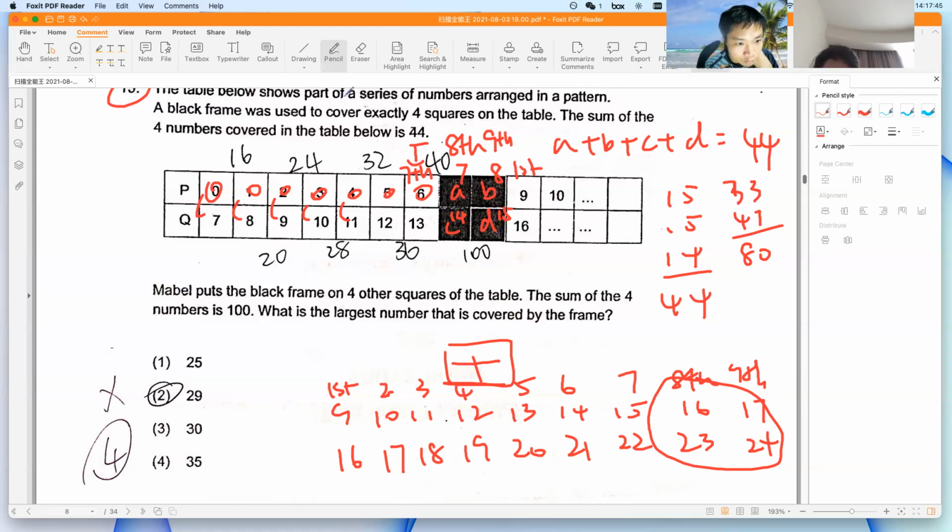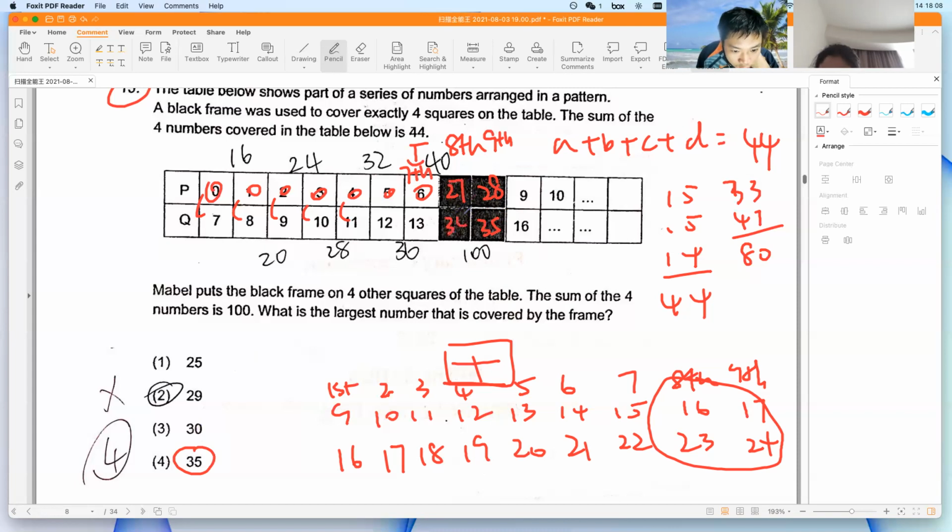So let's say if you have this knowledge, the difference is 7, right? So basically you can actually test. So let's say you choose 35 as this. So if this is 35, this has to be 28, right? And then this has to be 27. They are next to each other.